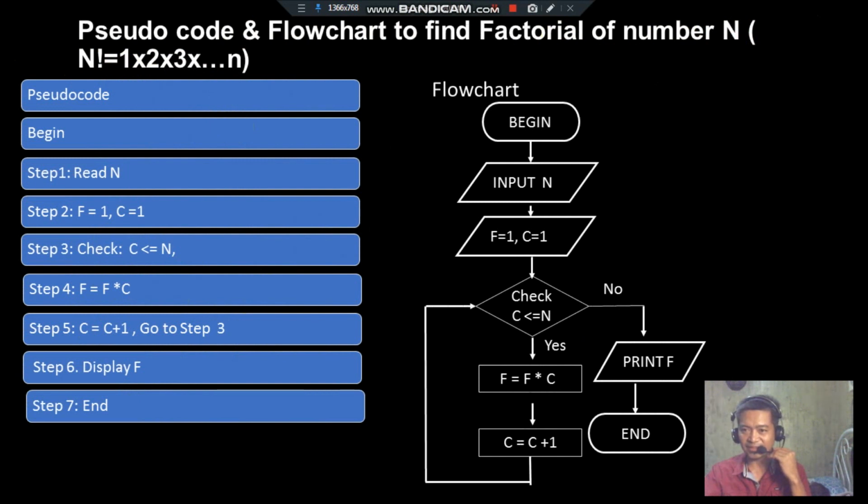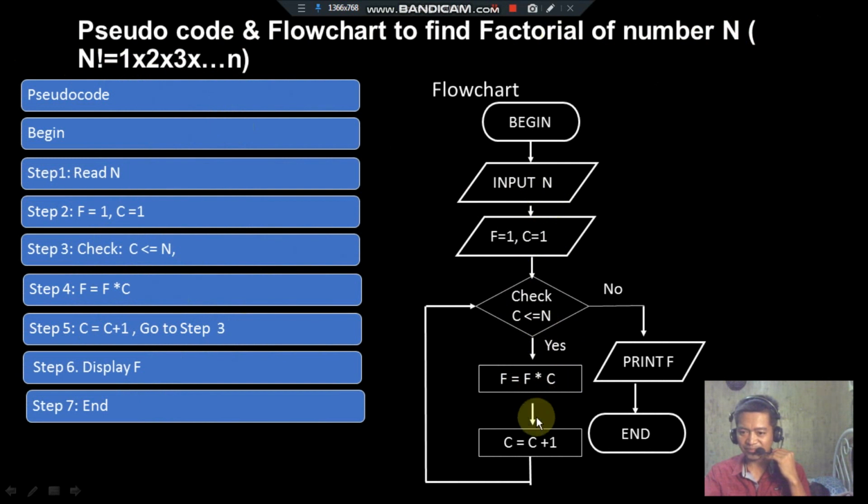So, simulate natin. Halimbawa, ang in-encode ng user ay 3. So, is 3 less than or equal to, I'm sorry, if value of counter is 1, less than 3? Oo. Is it equal to 3? Hindi. So, dito ka. So, ang factorial is equal to 1 times 1.